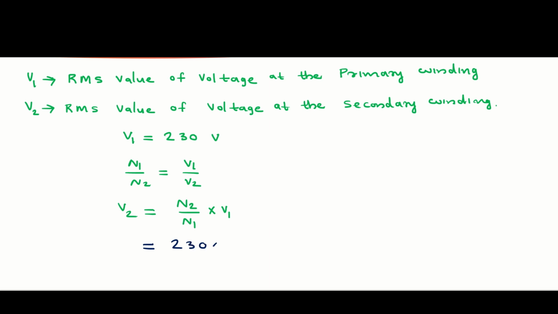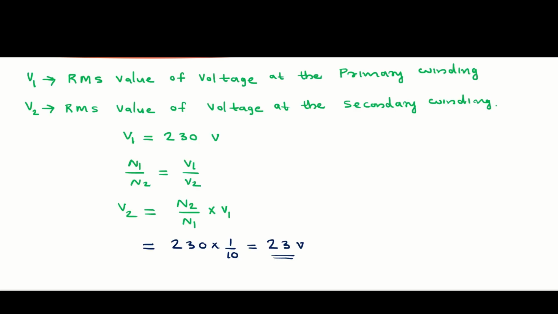So 230 into 1 by 10 is equal to 23 volt. This 23 volt is the RMS value of voltage at the secondary winding. So we got the RMS value of voltage at the secondary winding is 23 volt.